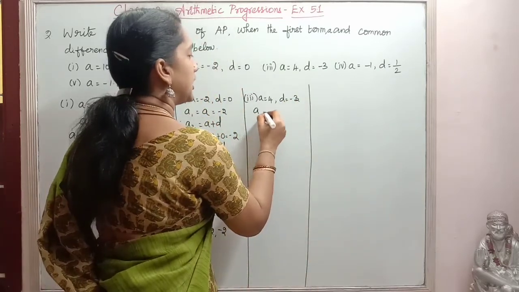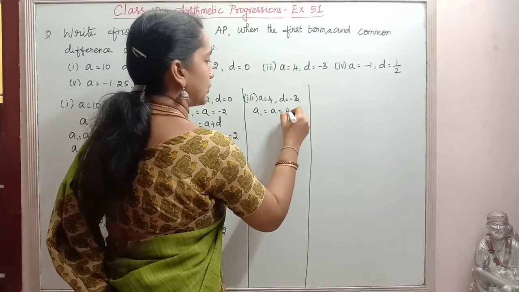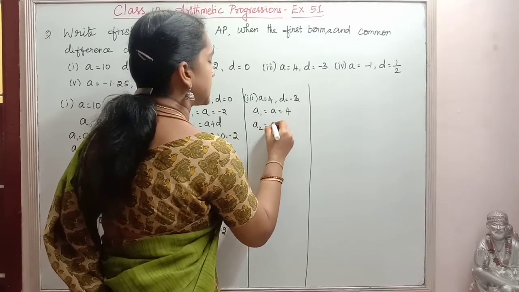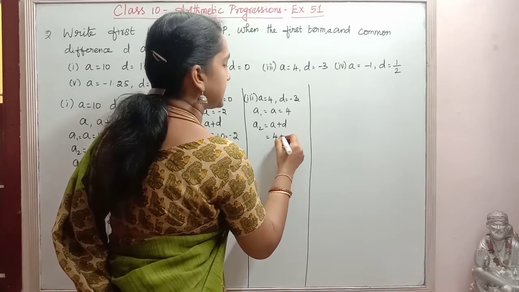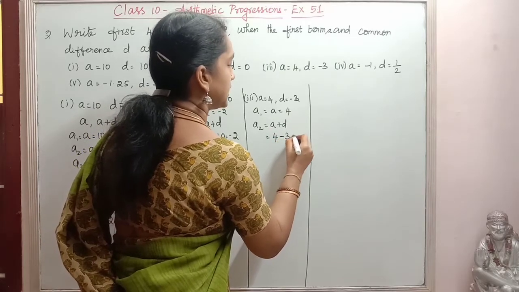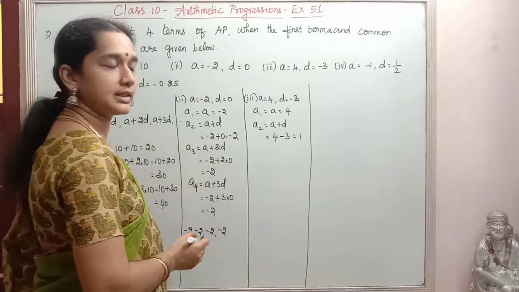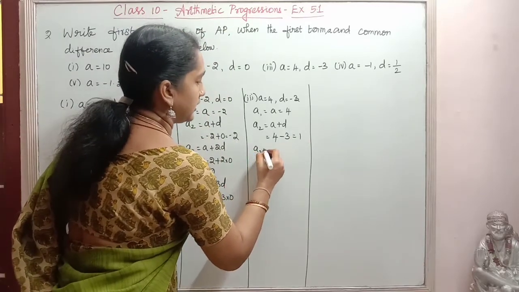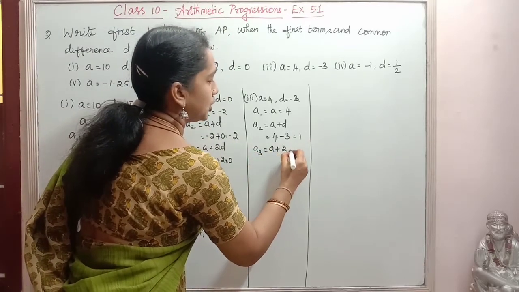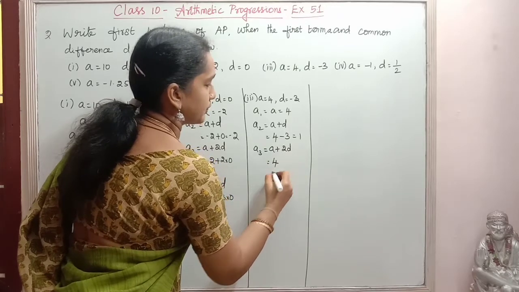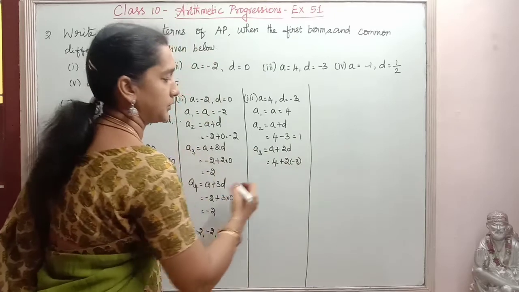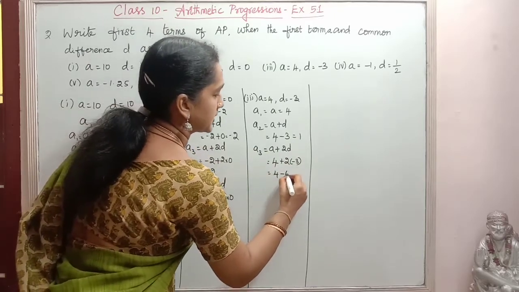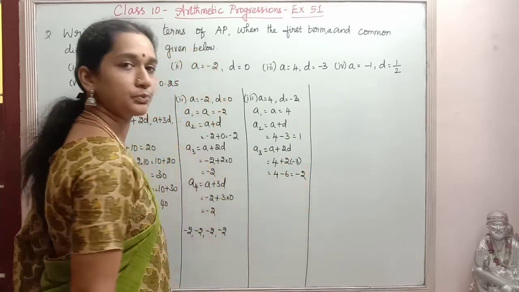So A1 is A, that is 4. A2 is A plus D. So A is 4, D is minus 3, so we will get 4 minus 3 as 1. A3, A plus 2D. So A is 4 plus 2 into difference is minus 3. So this is 4 minus 6, that is equal to minus 2.